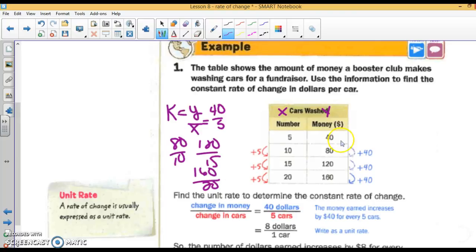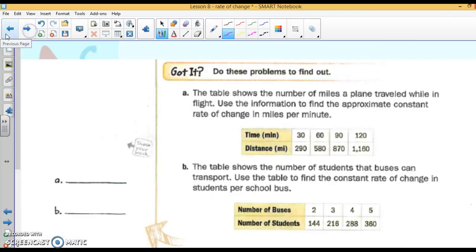And it's $8 per car, because this is money, cars. So it's $8 per car, and it is proportional. That's the rate of change or unit rate. They're the same exact thing.